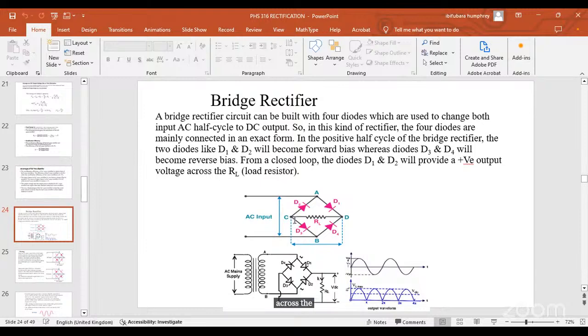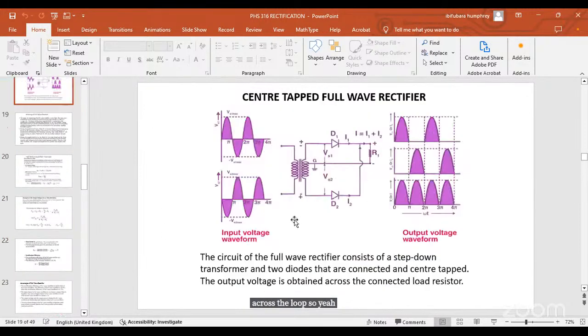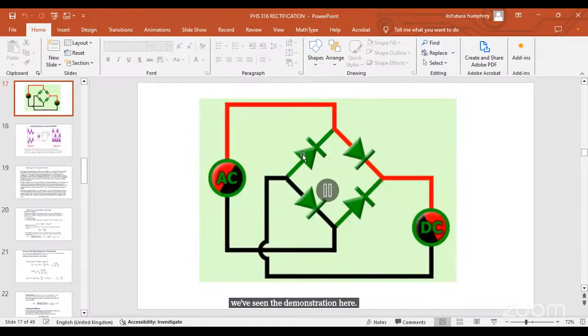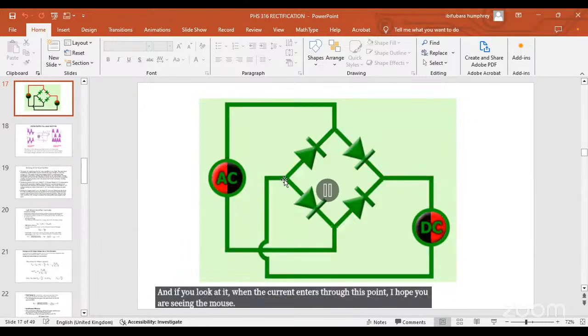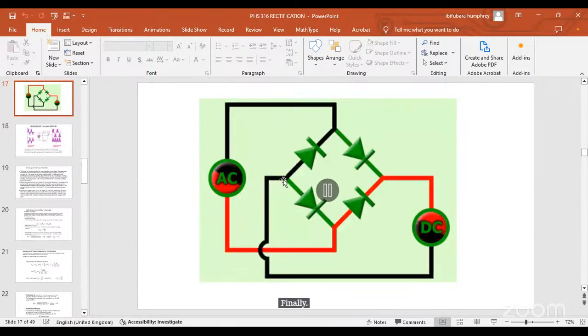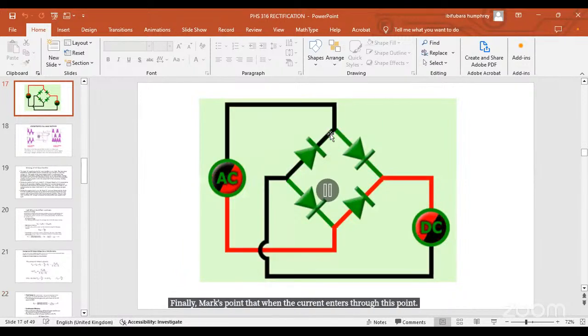So here, we've seen the demonstration. This is D2, D1. So in one half, this is working, D1 and D2. If you look at it, when the current enters through this point, I hope you are seeing the mouse pointer.